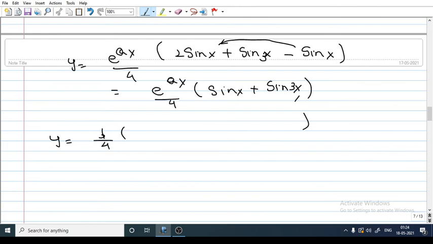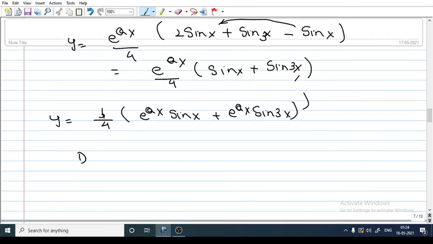So finally we have to apply the antiderivative formulas now, which will give me, first we will multiply inside by e power ax, so e power ax sin x, okay, plus e power ax into sin 3x. After this differentiate y with respect to x n times.